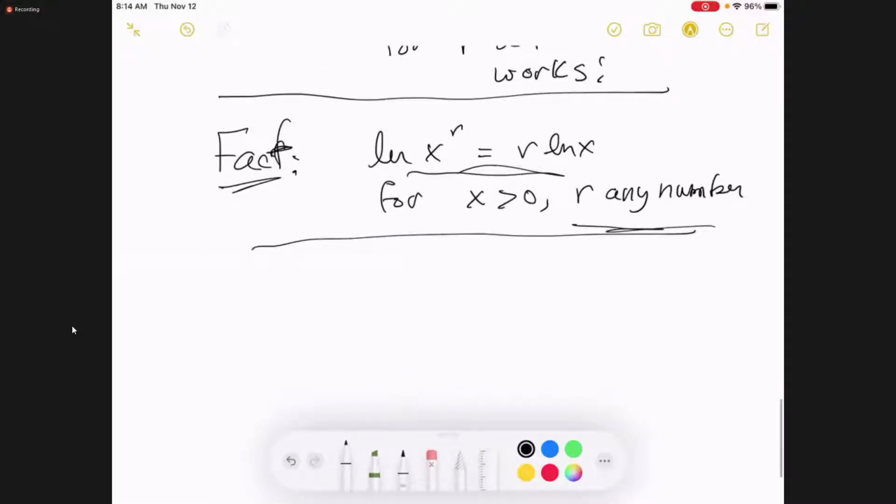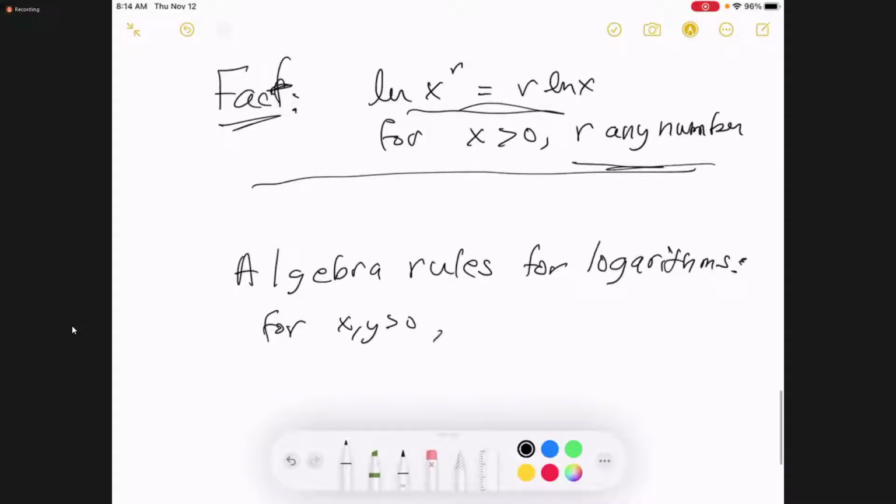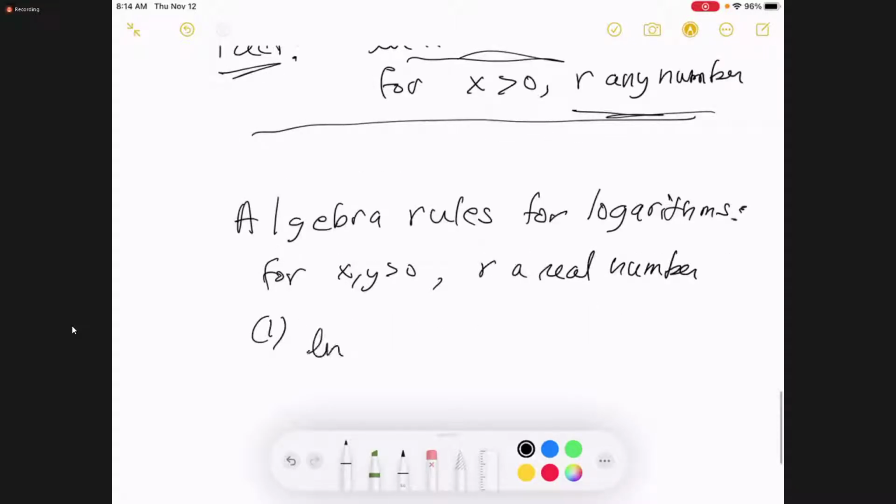Okay, so now we have the algebra rules. We proved two of them. You have to have x and y greater than 0, and r a real number. One: ln of x times y is ln of x plus ln of y.